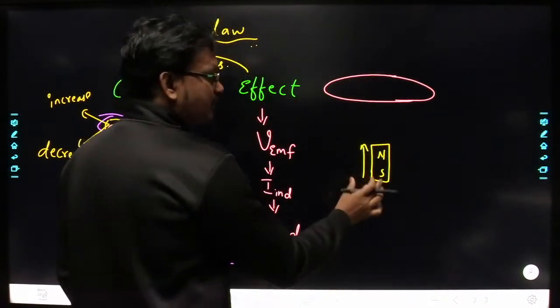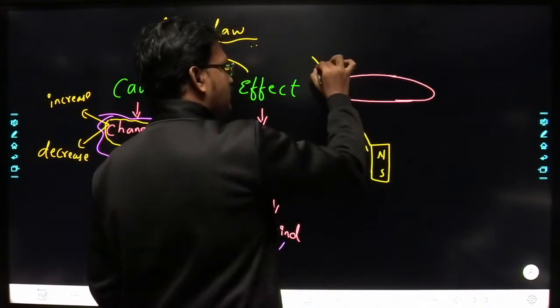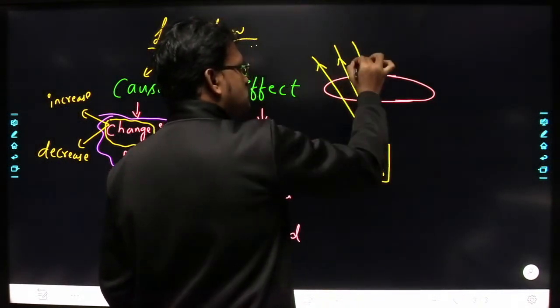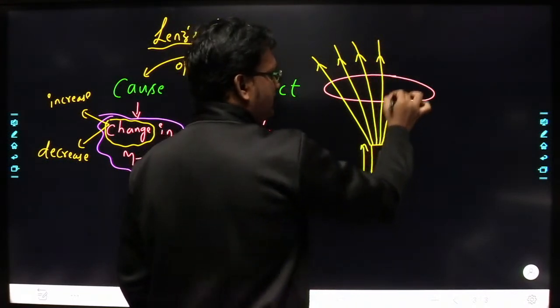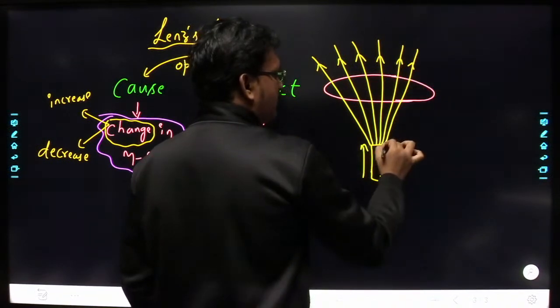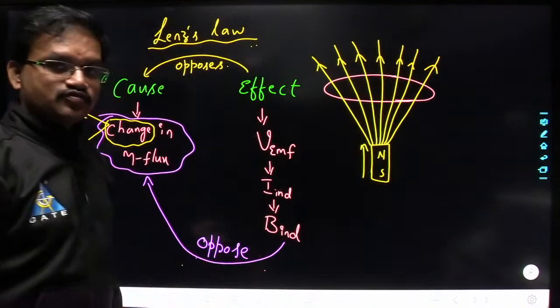Whenever the magnet is moving towards the loop, what happens here? The number of field lines that are penetrating through this loop are going to increase with respect to time. Yes or no? So the number of field lines penetrating through this loop are going to increase with respect to time.